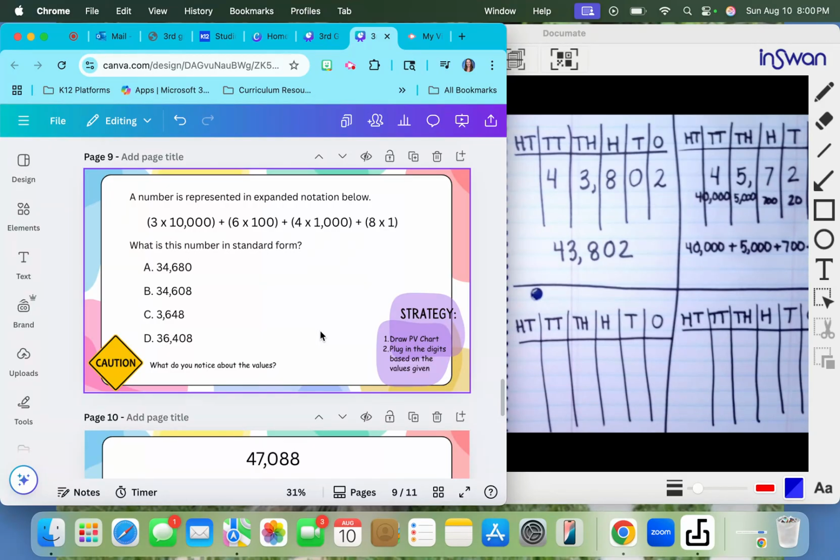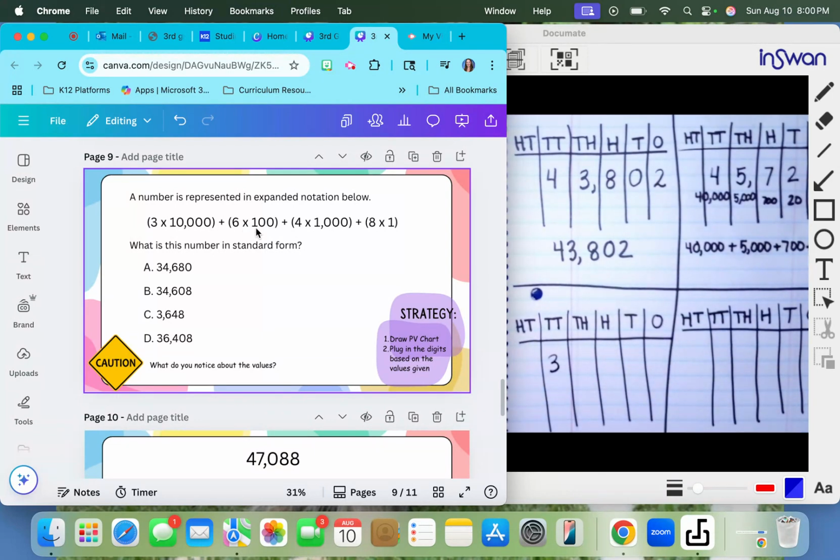So let's look at the first part of our expanded notation. 3 times 10,000. Remember how we read that or think about it? 3 in the 10,000s place. That's easy. 3 in the 10,000s place.